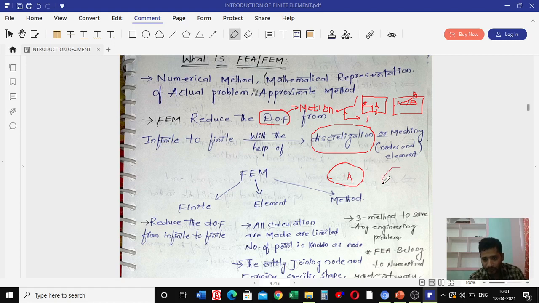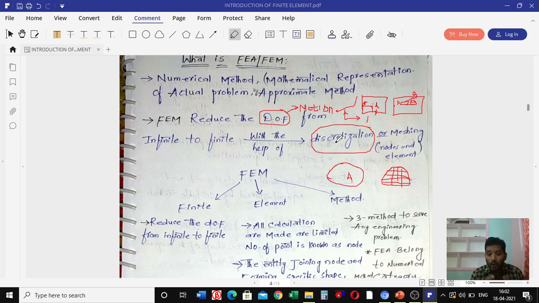If you divide the same body into elements like this, horizontally, then discretization means the body is divided into a number of equal strips, and then you will get more accuracy.